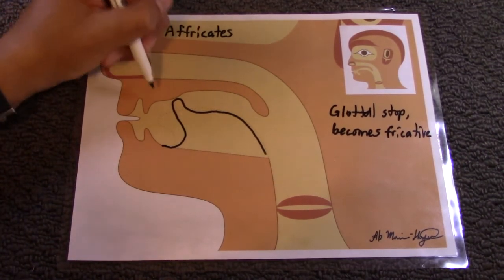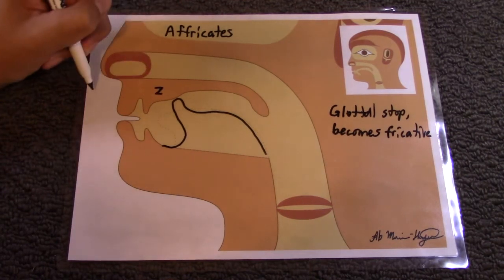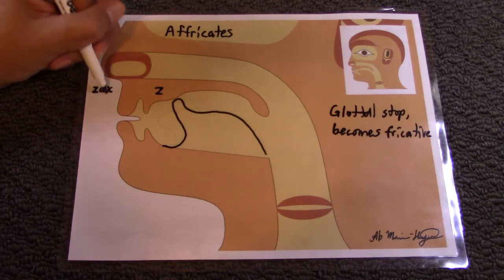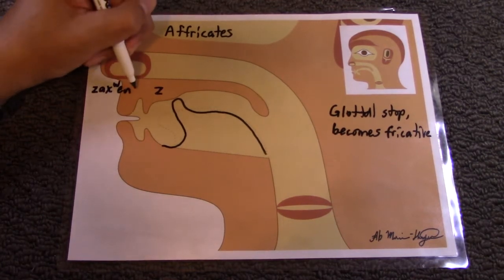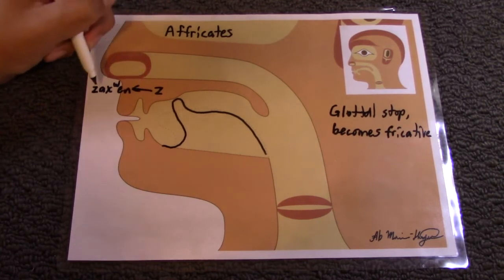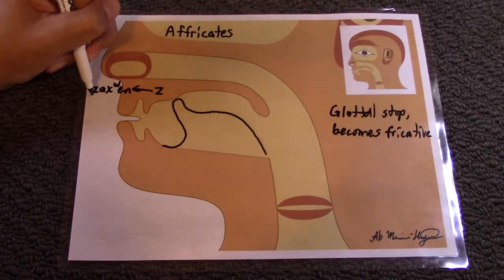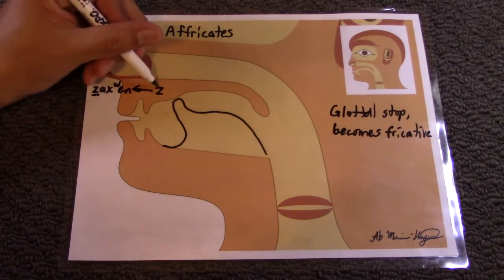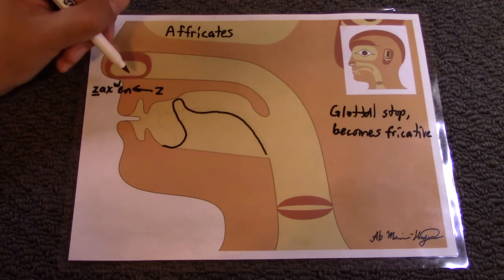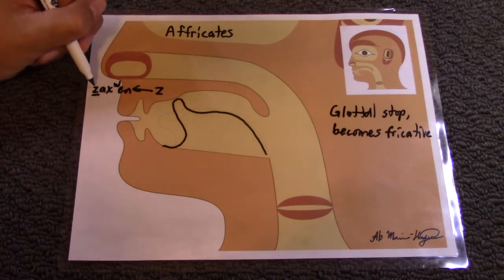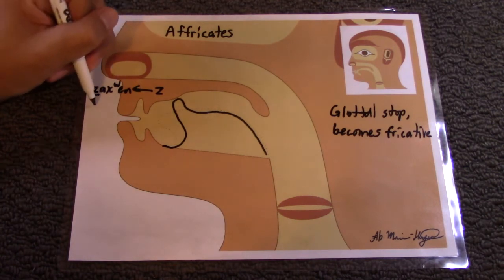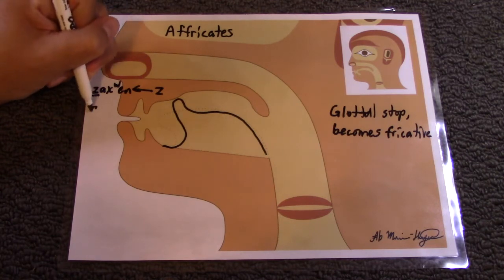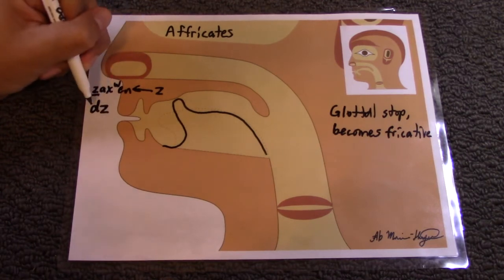So a Z in á'islak sounds like the Z in zahwan, which means ulakan. So the Z is not like it is in English. So in English we have the word zoo. It's different in á'islak. So it's more of a Z sound, but it's kind of starting with a D.